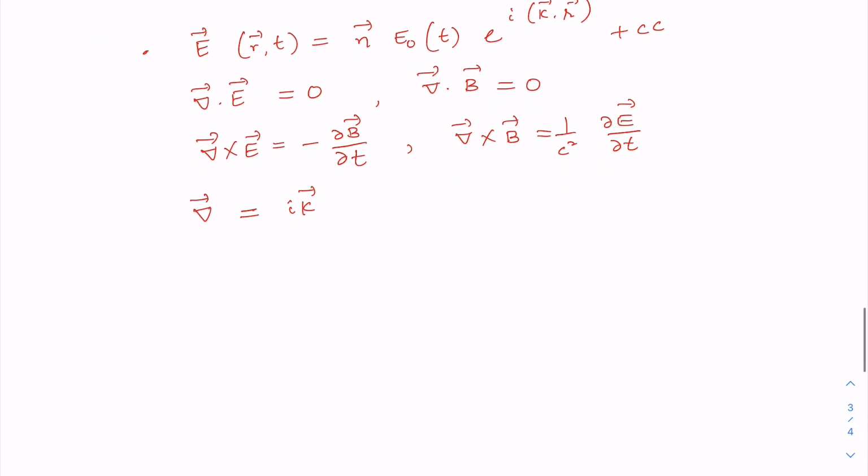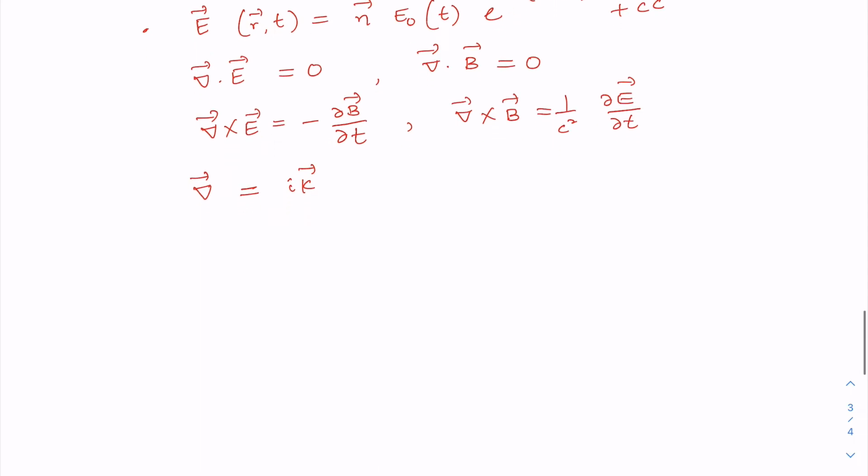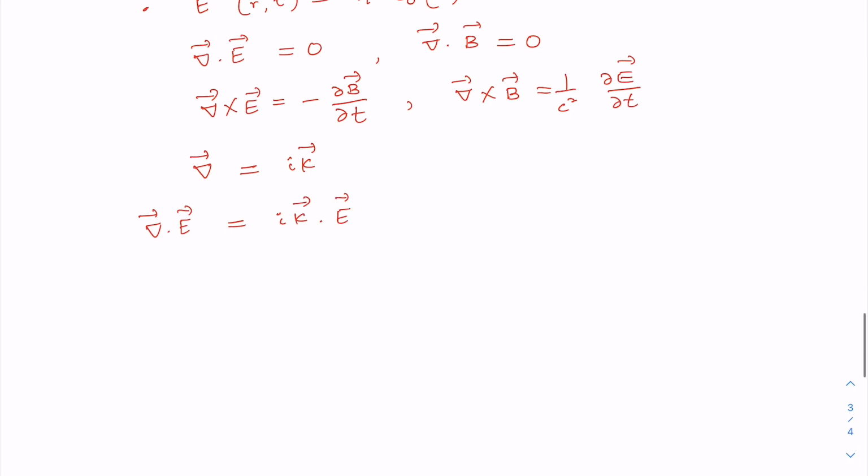Okay, and therefore I can write this divergence of E as i k dot E, or curl of E, del cross E, I can write as i k cross E, and so on.